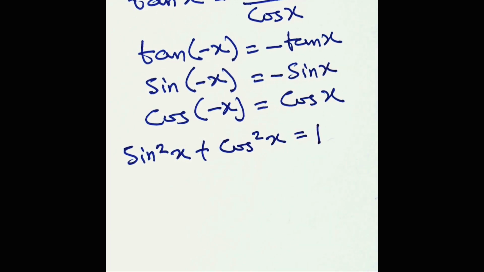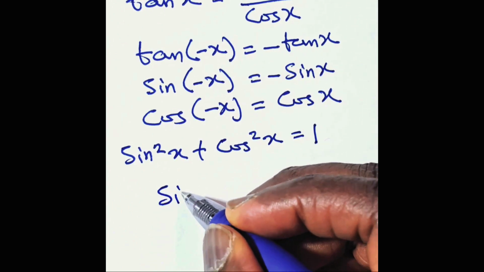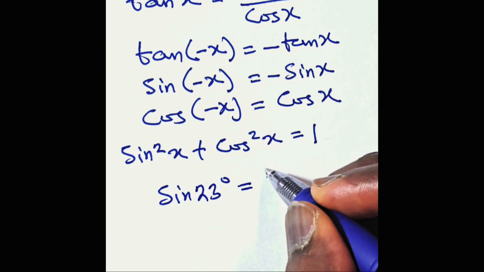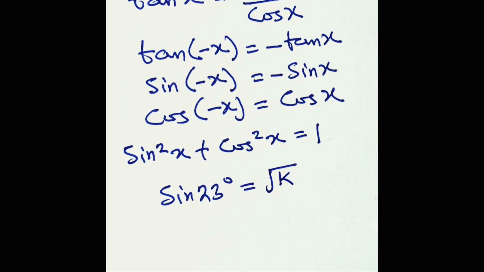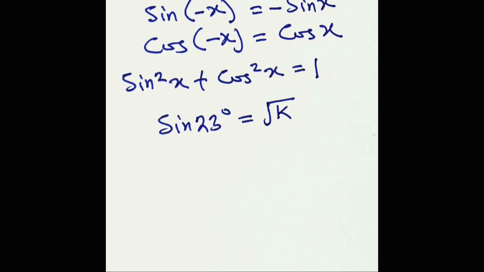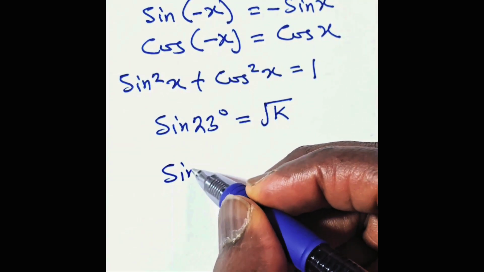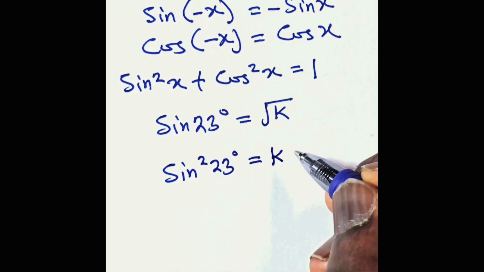So back to the question that says that sine 23 degrees equals the square root of k. The first thing we're going to do is to send away the square root. And how do we do that? We square both sides. Then we have sine squared 23 degrees giving us k.